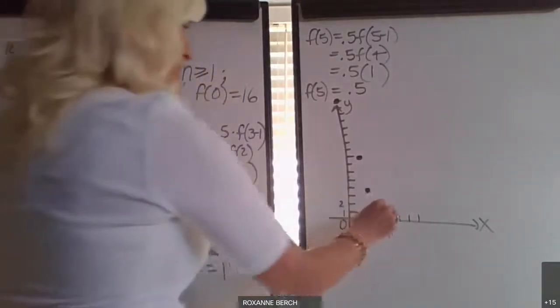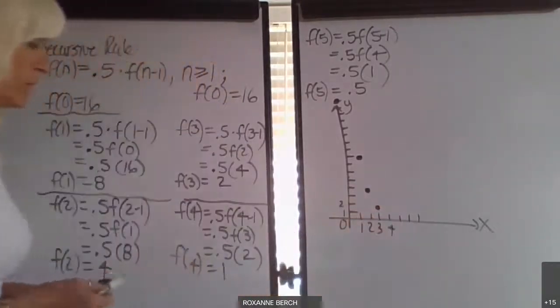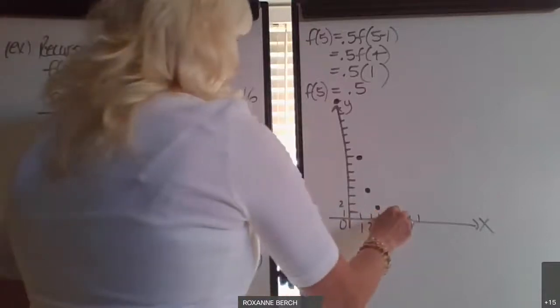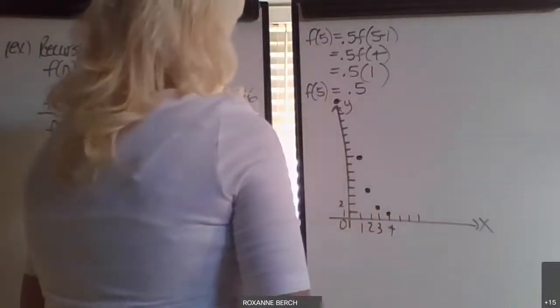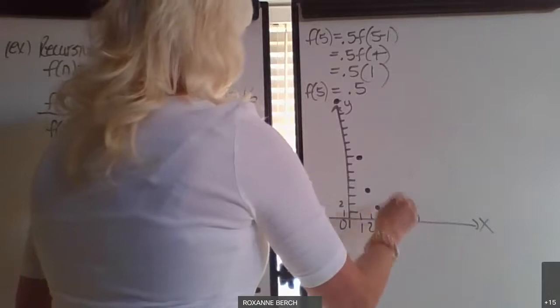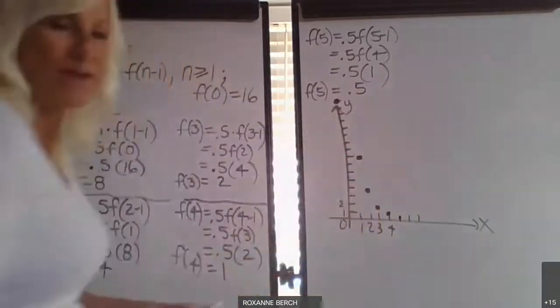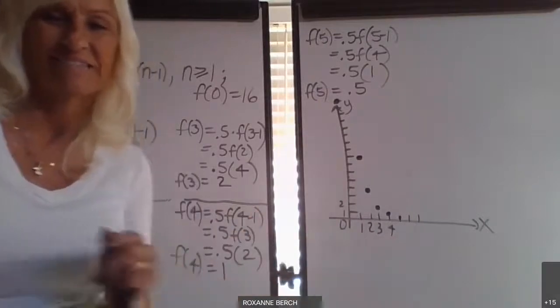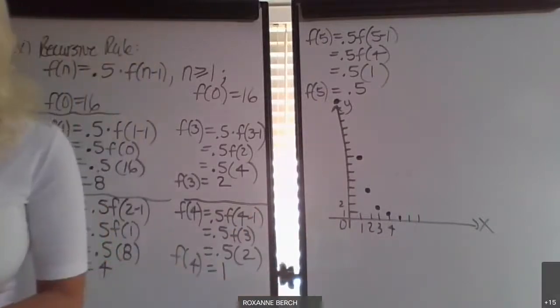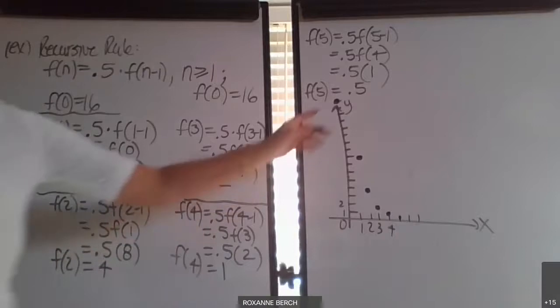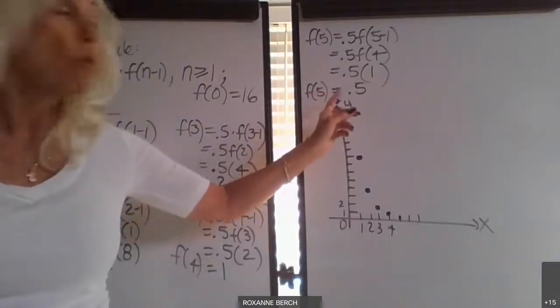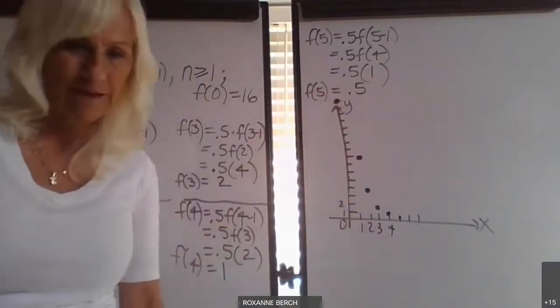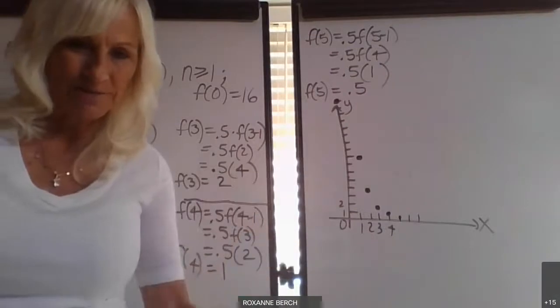Right 3 up 2. Right 4 up 1. And right 5 up a half. Doesn't this look like decay to you? Looks like decay, doesn't it? By the way, f of 6 is 0.25. So it's not going below 0.